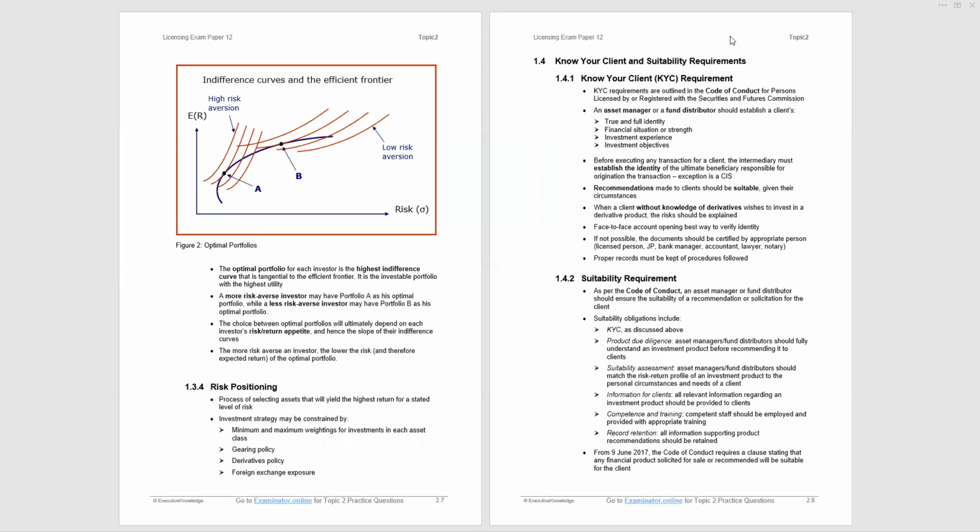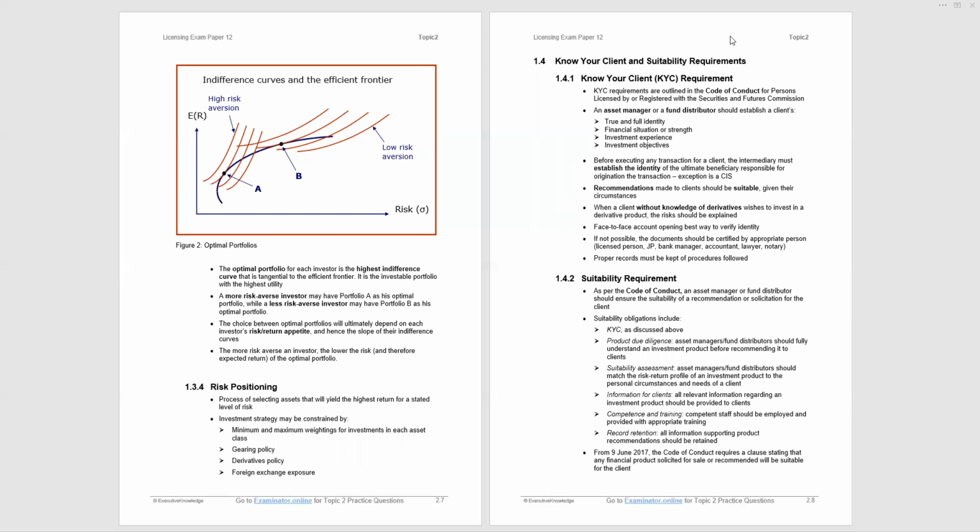And if you are happy with high risk, then you're going to have the opposite. So as we see there, high risk aversion means I don't like high risk, so I want a low risk and I'm willing to take a lower return. Whereas if I have low risk aversion, that is to say, I don't mind risk, just for a little bit more return, I'll take higher risk and I'm looking for a higher return.